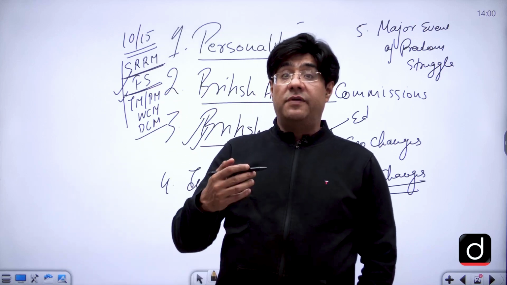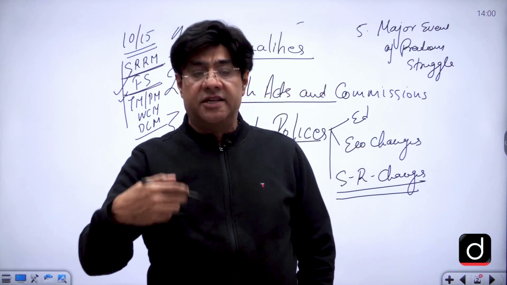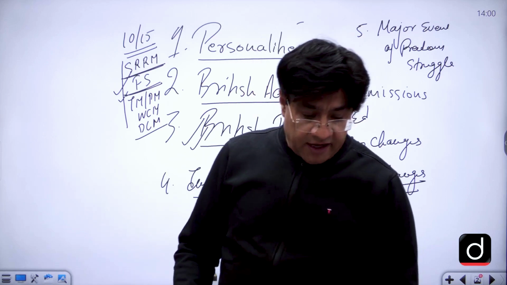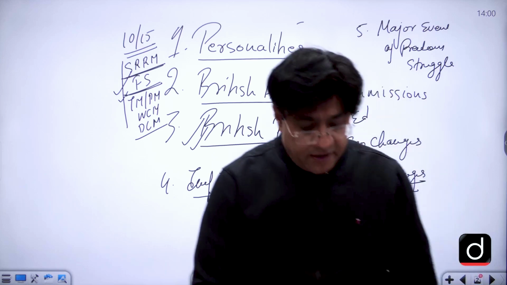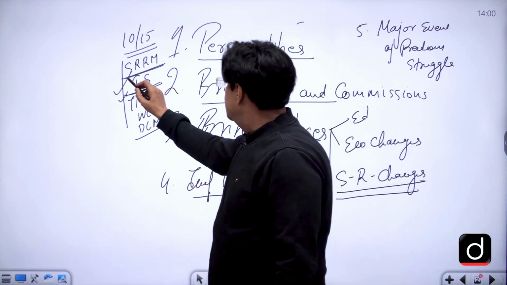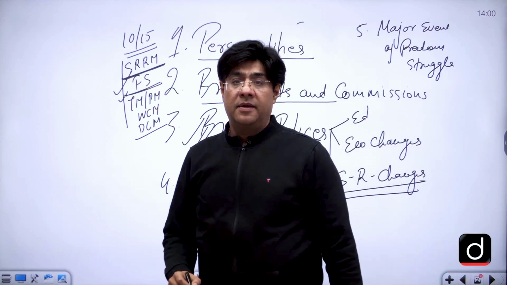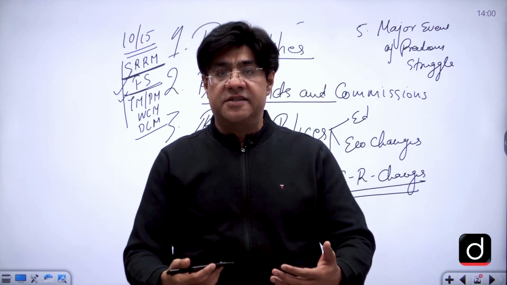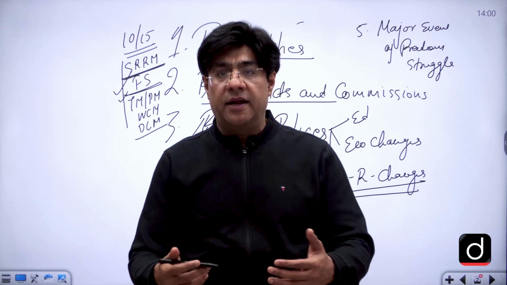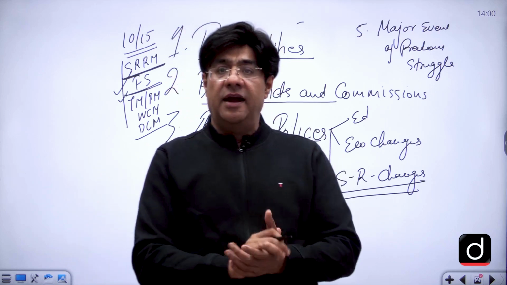While talking about that, we will again discuss a little bit about the socio-religious reform movement, because some of the changes were brought by them due to the emphasis or the demand made by the reformists from India.